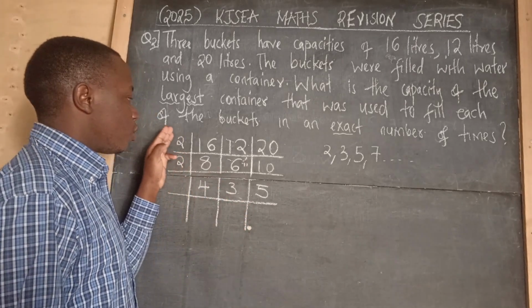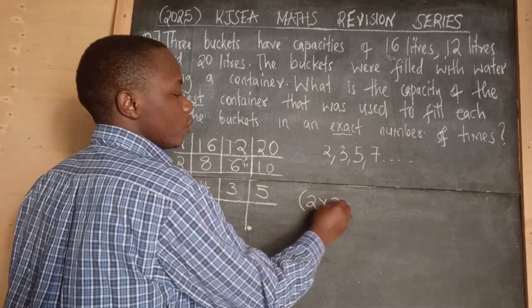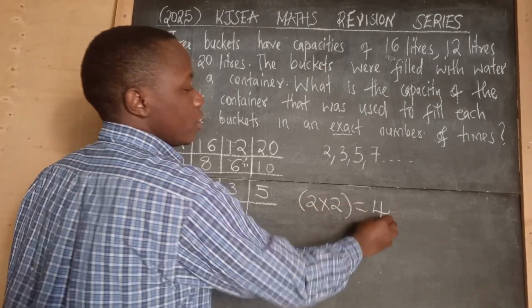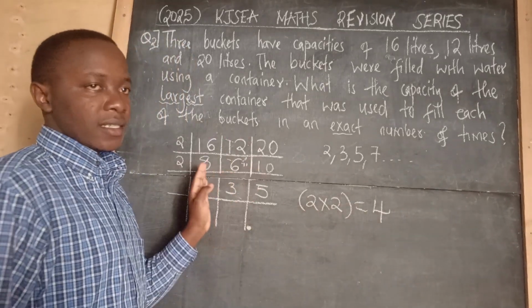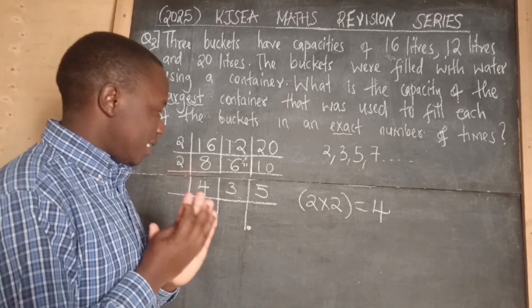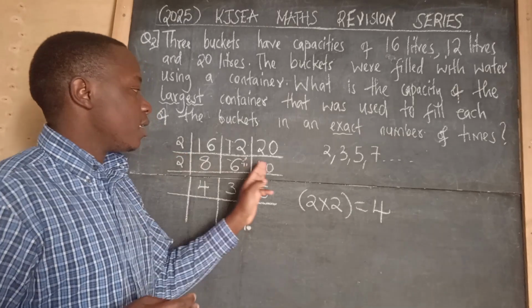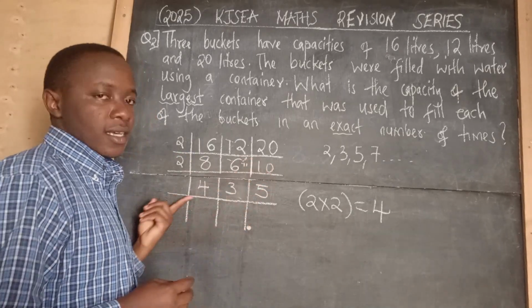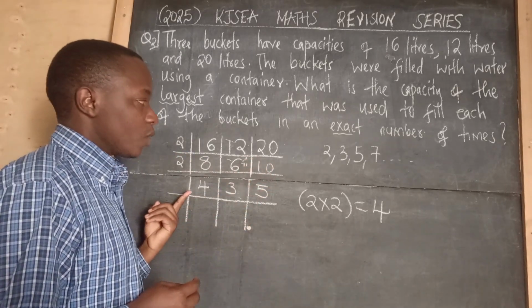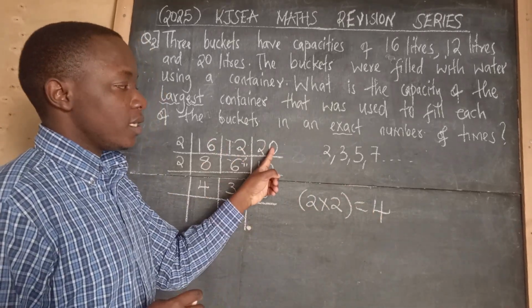So we've gotten that 2 and 2, which is 2 times 2, which is 4, has divided these numbers without any remainders. So 4 is the GCD of 16, 12, and 20.